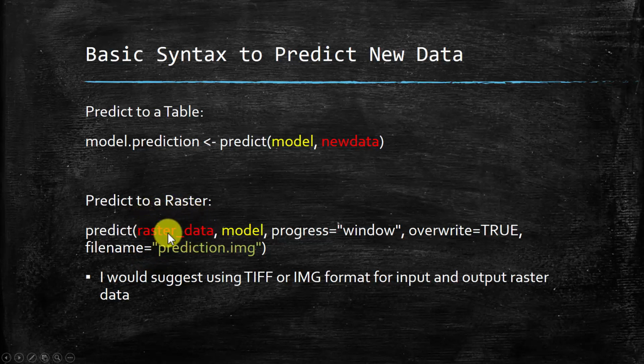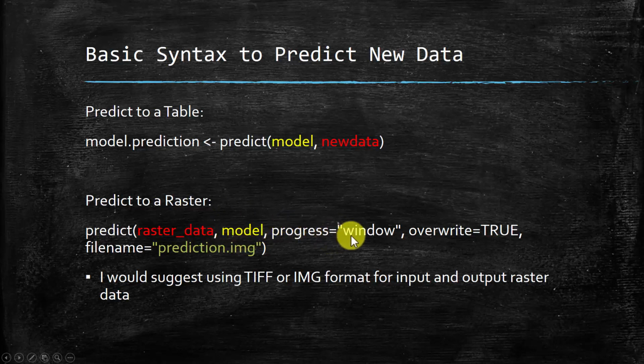It's a stack of predictor variables as a raster, a raster stack or raster brick. Again, your band or layer names are going to have to match your predictor variables in order for it to work. And then you call a model, the output from caret.